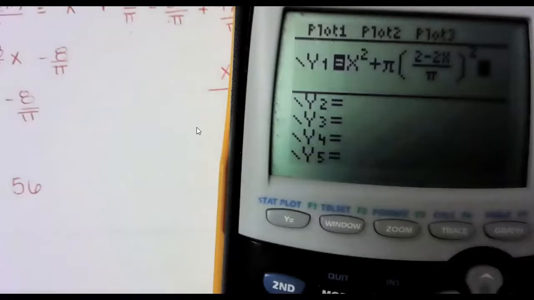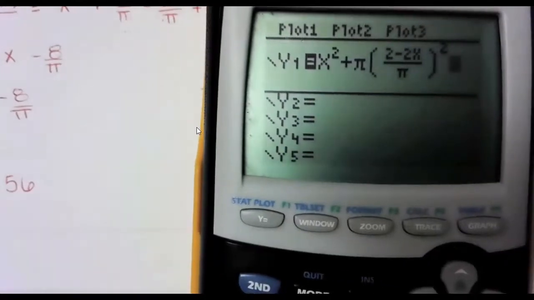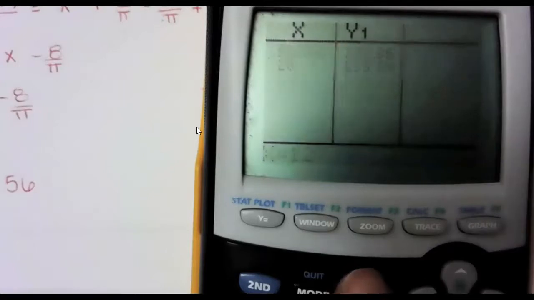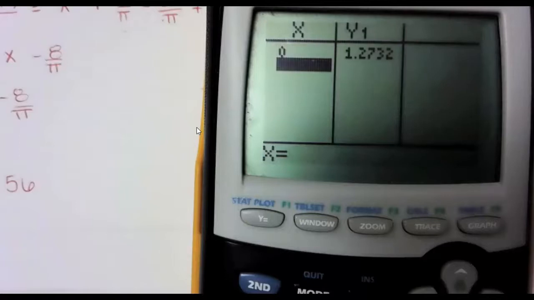And then rather than have to type in x every time, you can go to second table and type in the x values we care about, which are 0, 0.56, and 1.